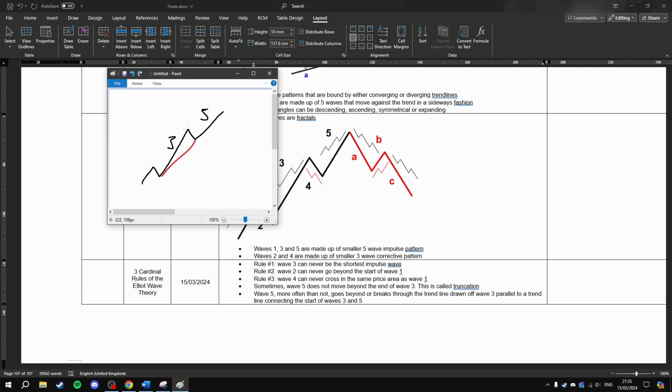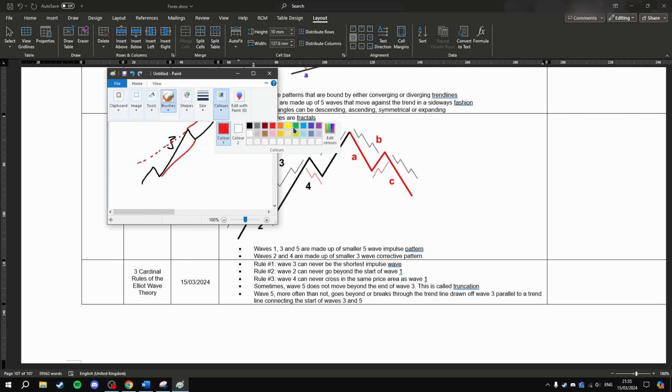So if I draw a trend line here like that, these two lines are meant to be parallel, so they're saying that this wave 5 here is going to break through, not like that, is going to continue to break through that line there, I think.